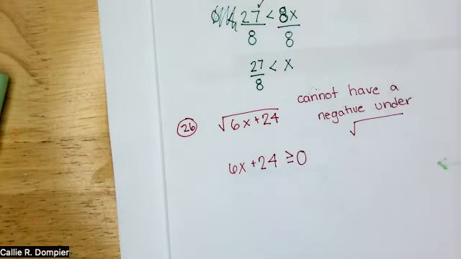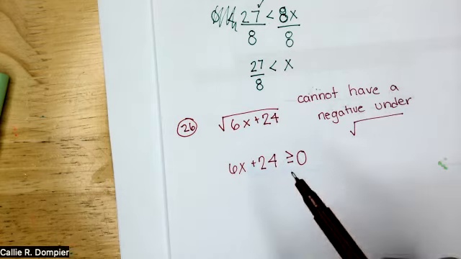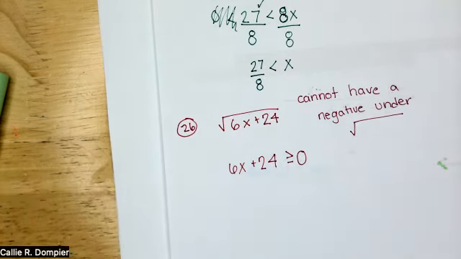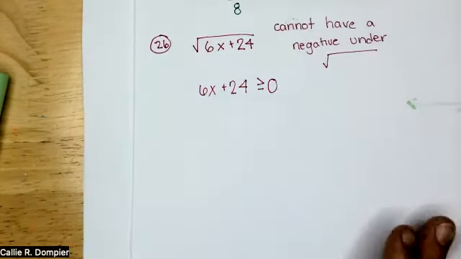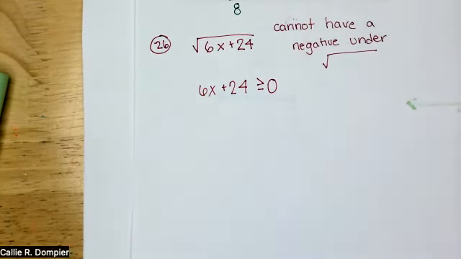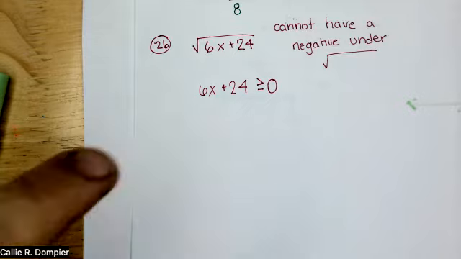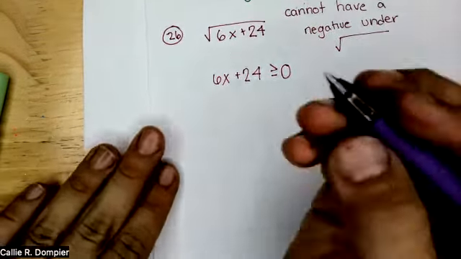That's what they're asking. If they want to talk about the domain, they're saying it cannot be negative. So how do you write an inequality to represent the fact that it cannot be negative? It must be greater than or equal to 0. Okay. The last one, because I know we only have 3 minutes left, so I think you can do it from there, right? It's just a matter of interpreting it.